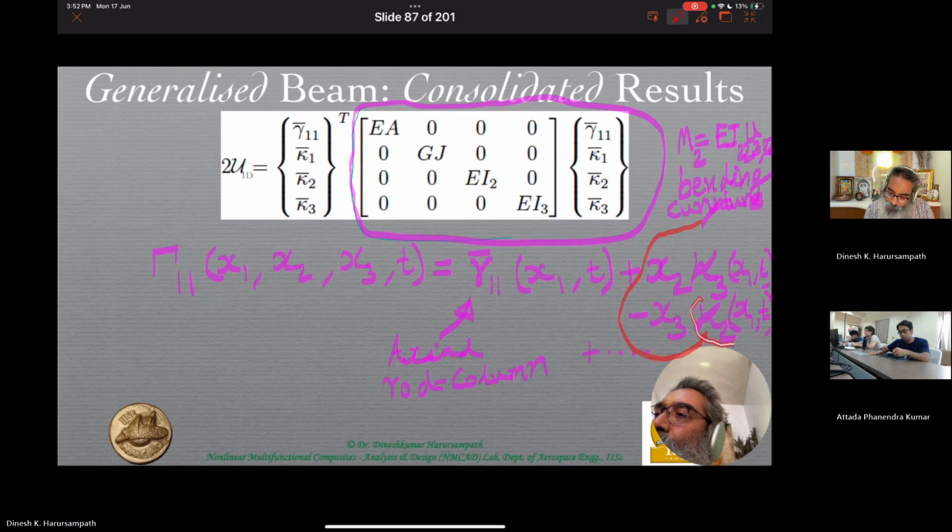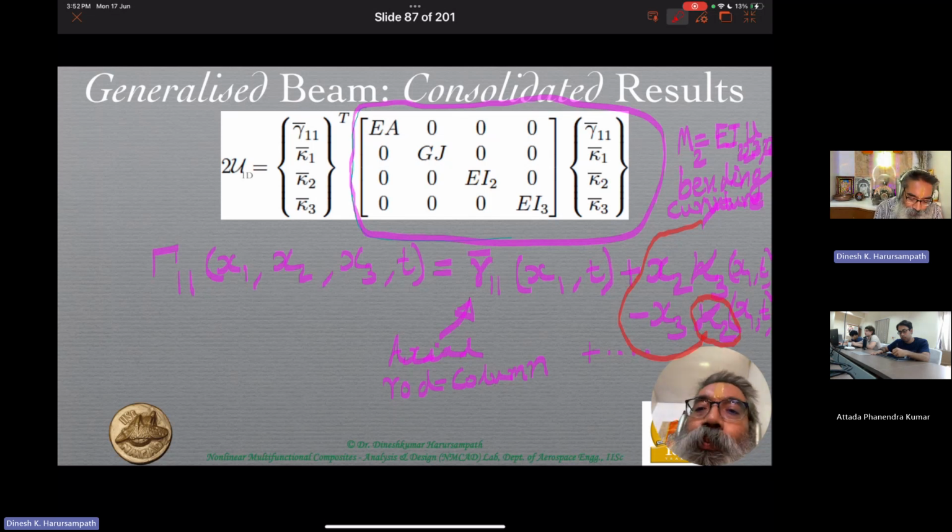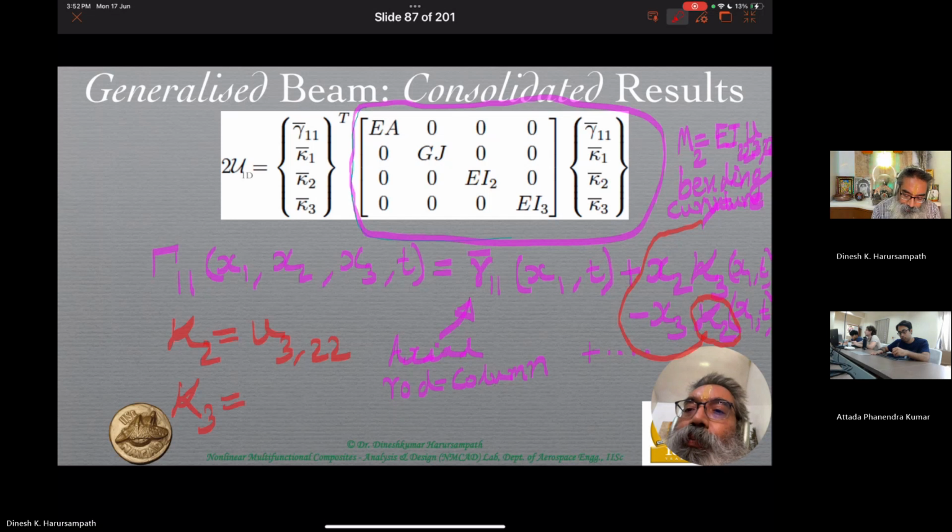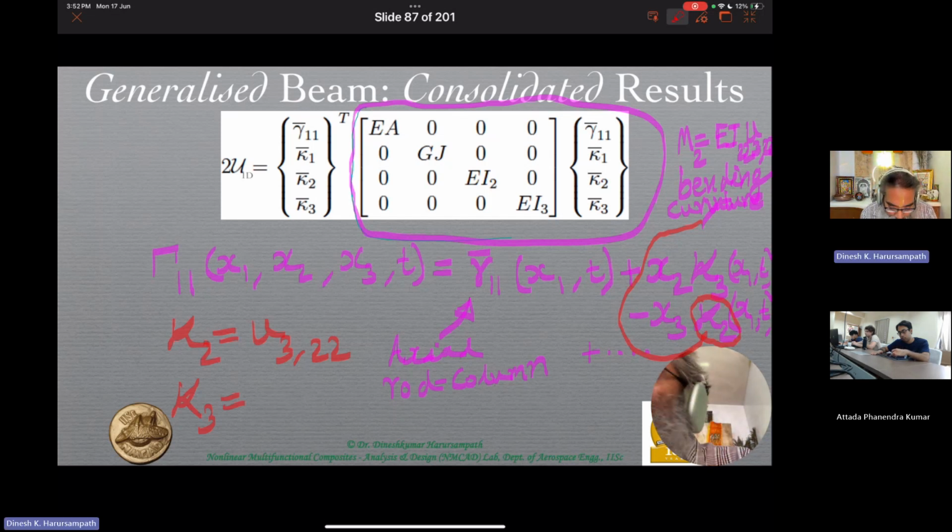This is what we're talking about here. The bending curvature about the x2 direction, that kappa 2, is defined as u3,22, and your kappa 3 is, sorry, 11. I'm sorry, over here also I should have written 11.